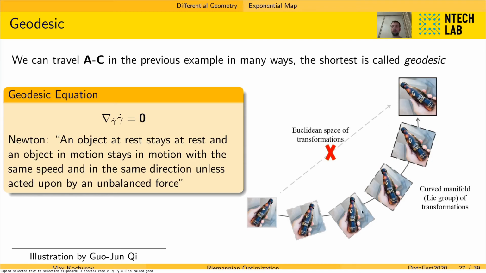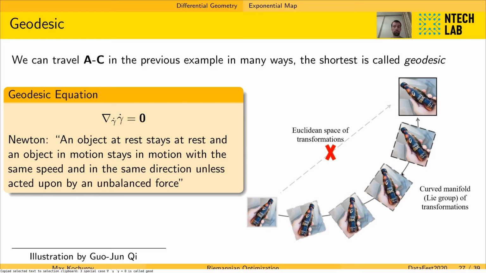Instead, we better use the rotations and rotate the picture in a smooth way. That is the shortest path between two pictures, in the sense that we think it's the shortest, and it does make sense.